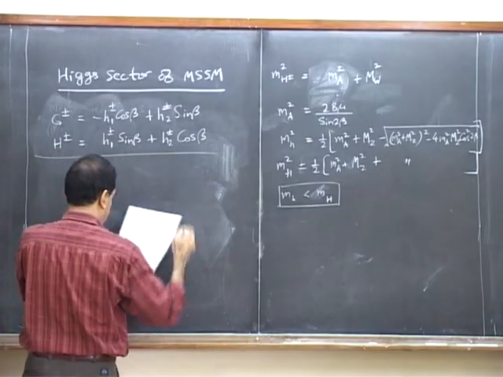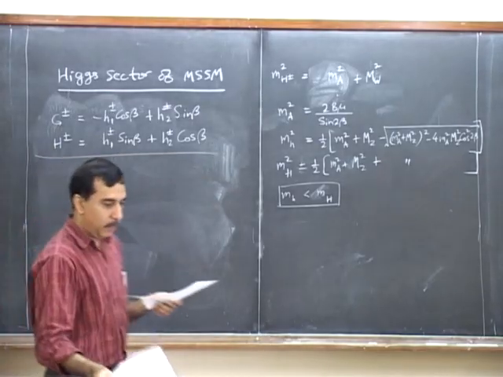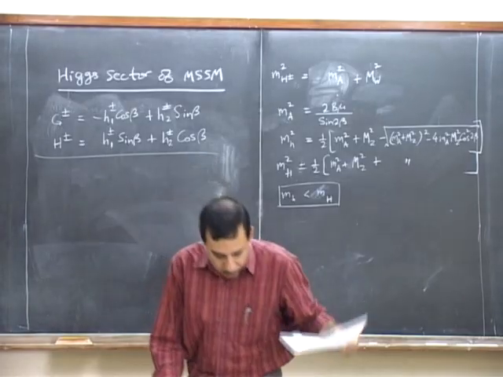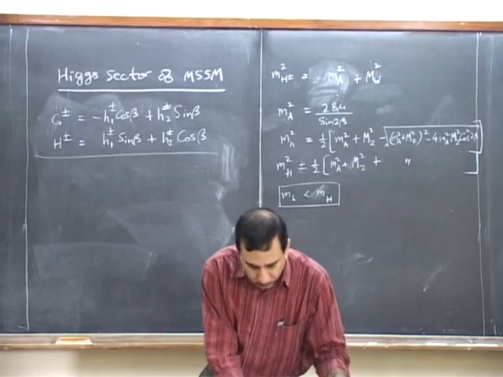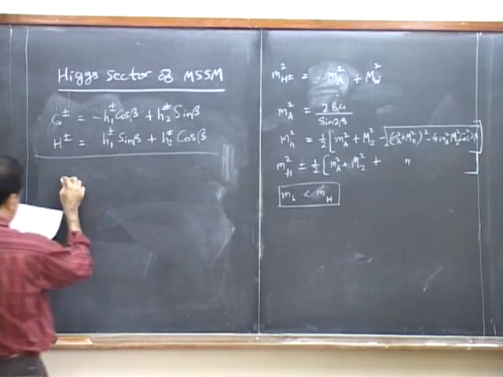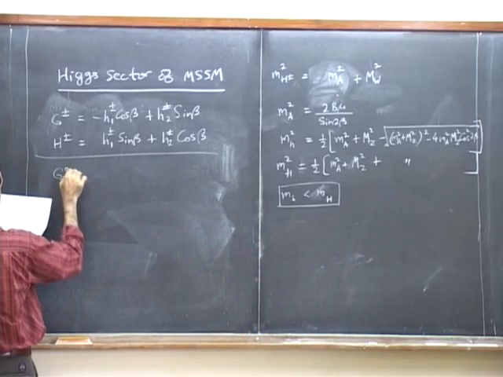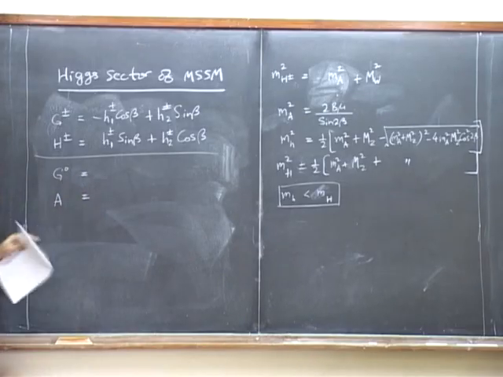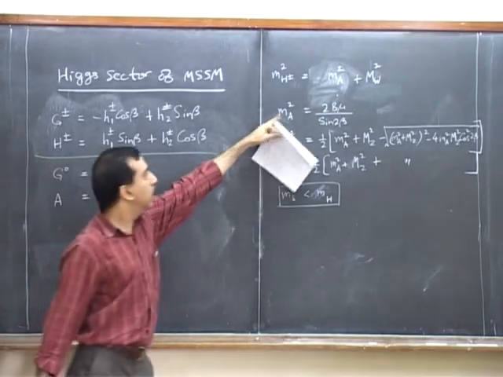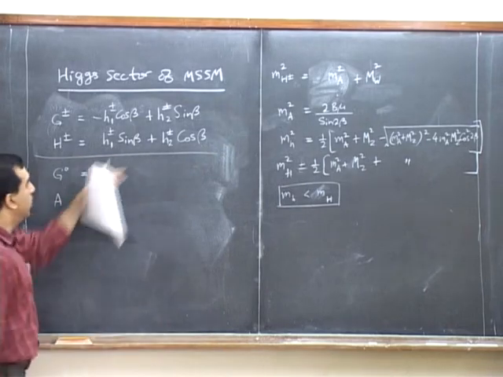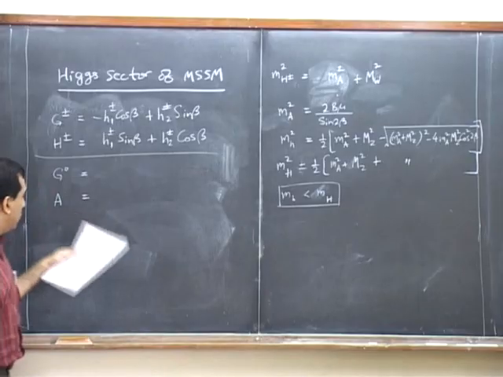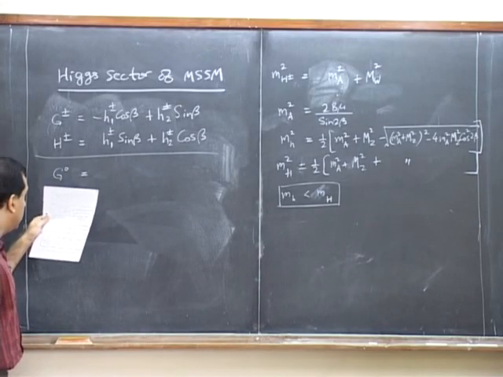There is a similar rotation for the neutral ones corresponding to the imaginary part, and that defines G naught and A. So G naught is the neutral Goldstone and A is this one. If you remember, the matrix was quite the same, just the coefficient was different, so the rotation is exactly the same.